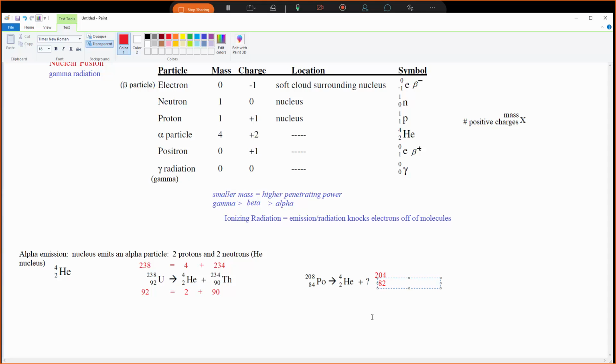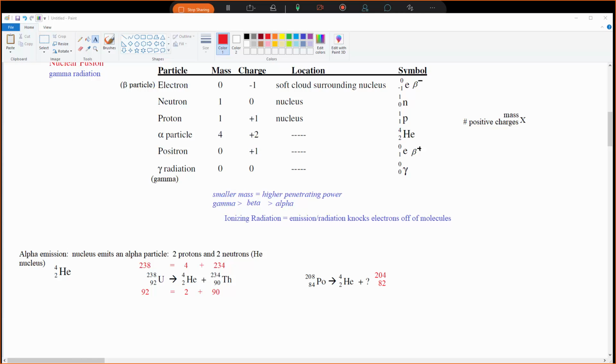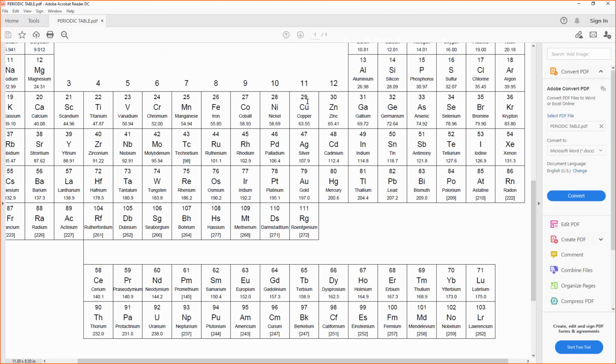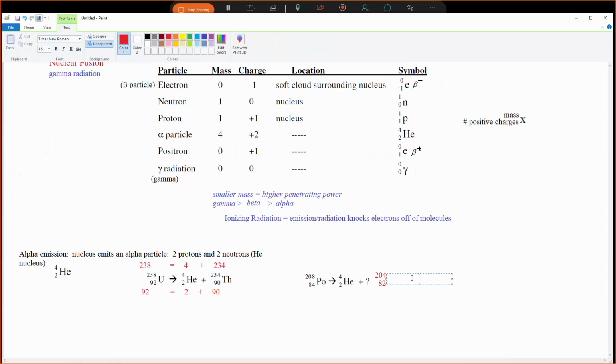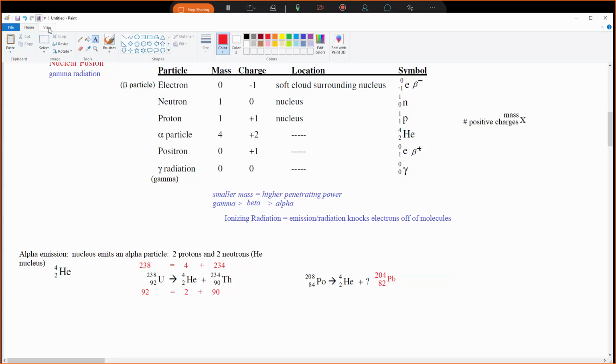Then you look on the periodic table and element number 82 is lead, Pb. So this must be 204-82 lead. How did you feel about that? Not too bad. Everything's conserved. I could give you a problem like that on the test.